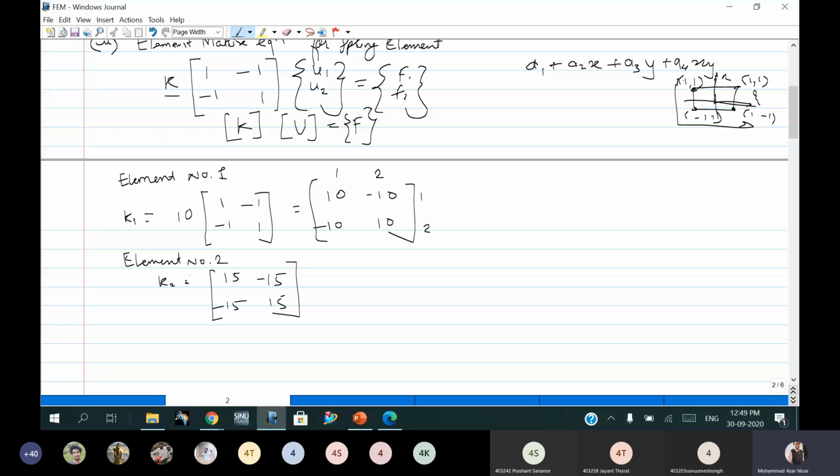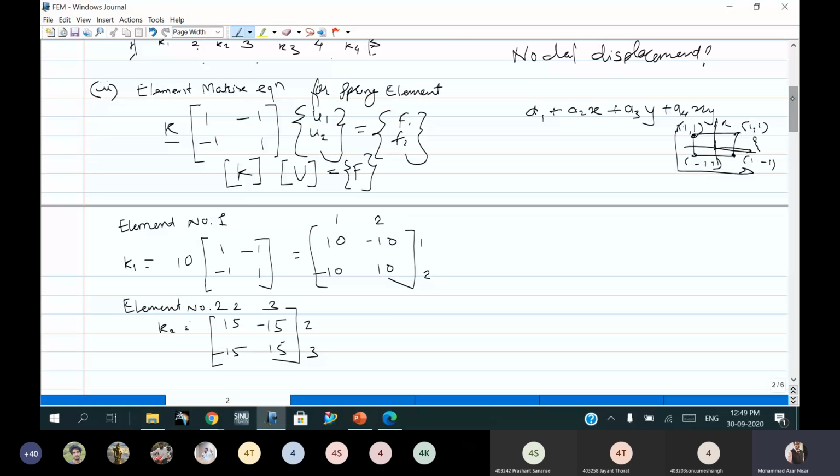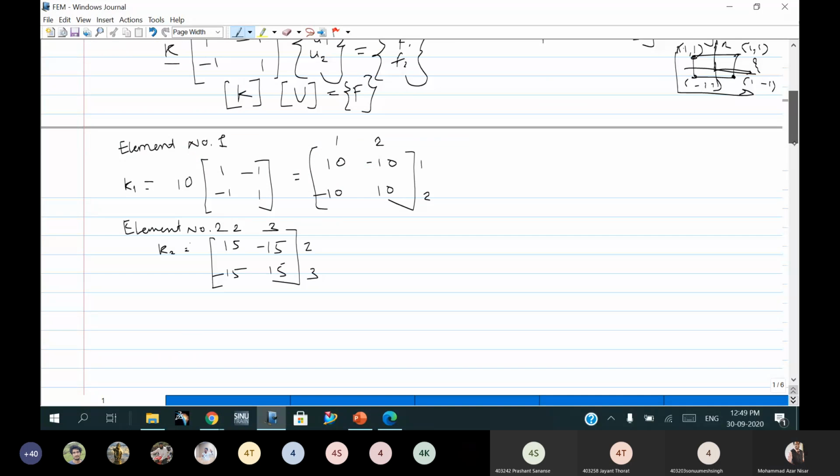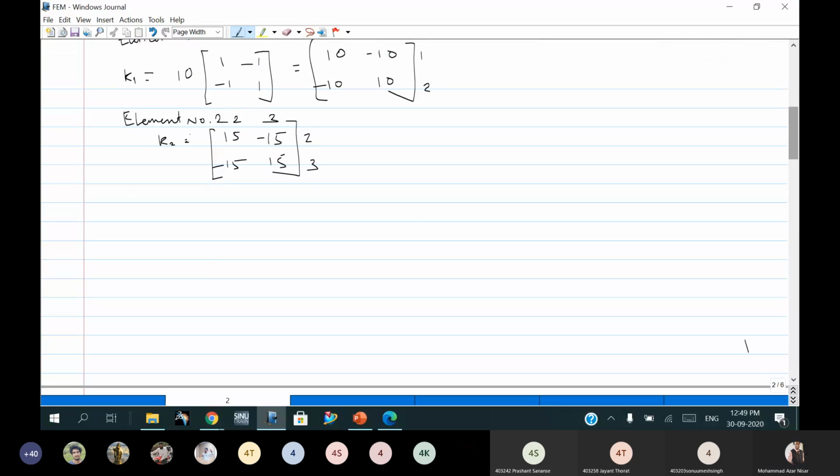It is between 2 and 3, since this element is in between node number 2 and 3. For element number 3, k3 equals how much? 25.